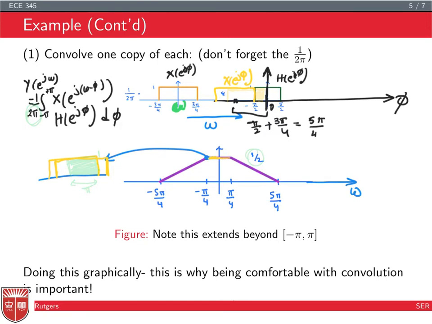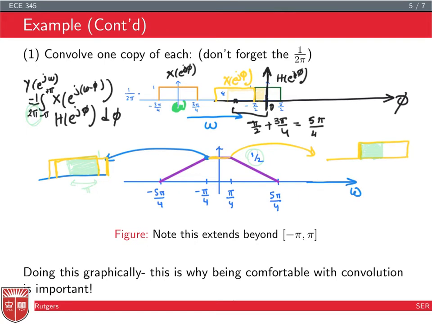You keep moving it until the extreme case, the corner case, when the green thing starts to get out of the yellow, and the yellow thing is starting to exit the green thing.